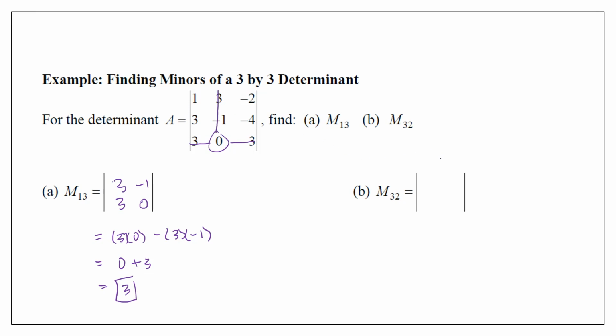The remaining entries are going to be our minor. So that's 1, 3, -2, -4. Then we will multiply 1 times -4 minus -2 times 3. That gets us -4 plus 6, which equals 2.